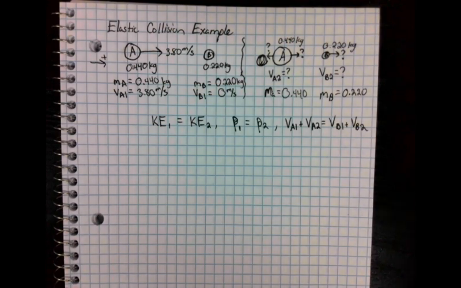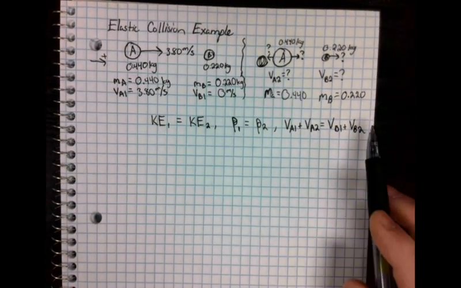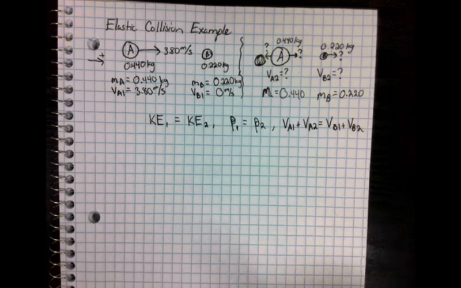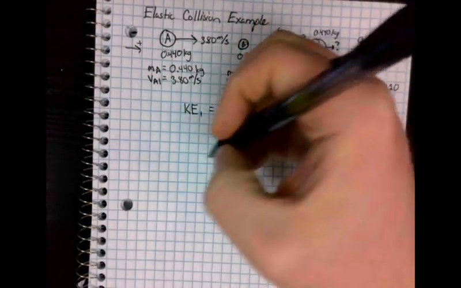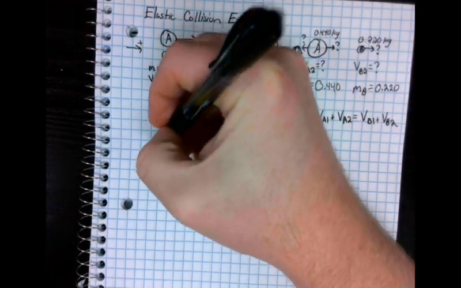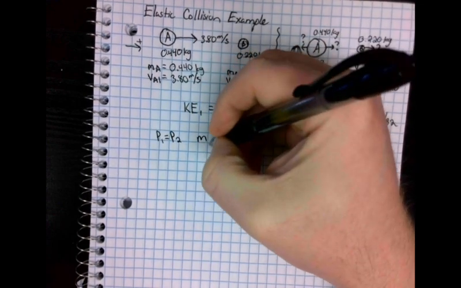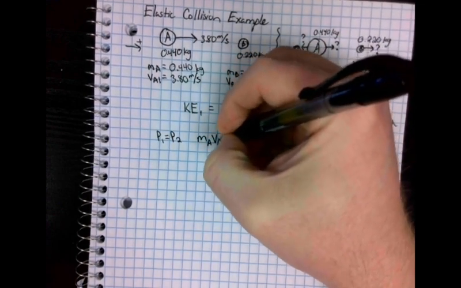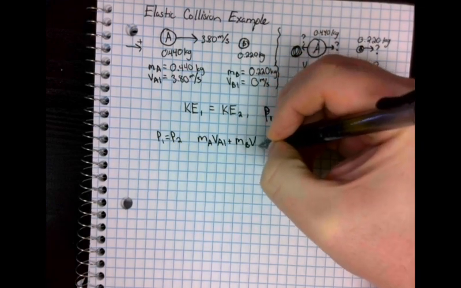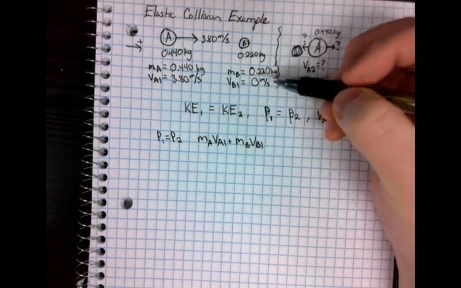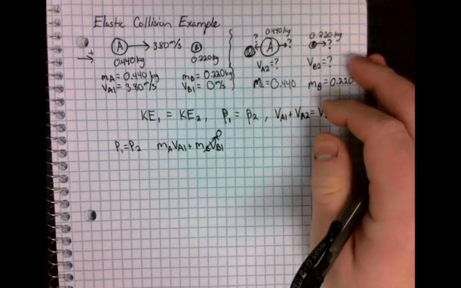So I'm going to set up my velocity equation and my momentum equation, and we're just going to see what we have and what we're missing. First, P1 equals P2. At stage 1, I have MA times VA1 plus MB times VB1, but our velocity at B1 is 0, so that goes to 0.